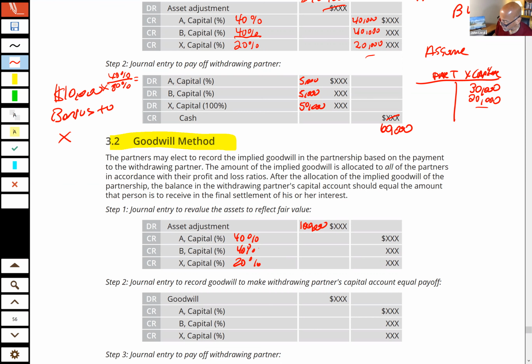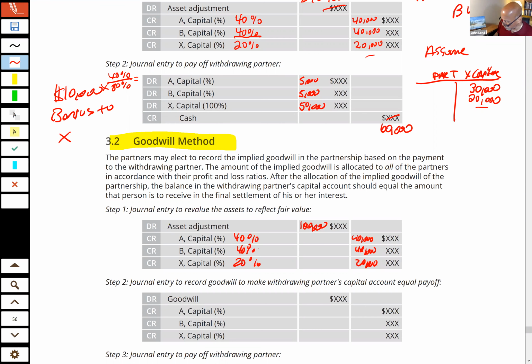So we're writing the assets up, and you're not having deja vu. It's the same exact numbers that we used a minute ago. And so now we are going to use the Goodwill method.